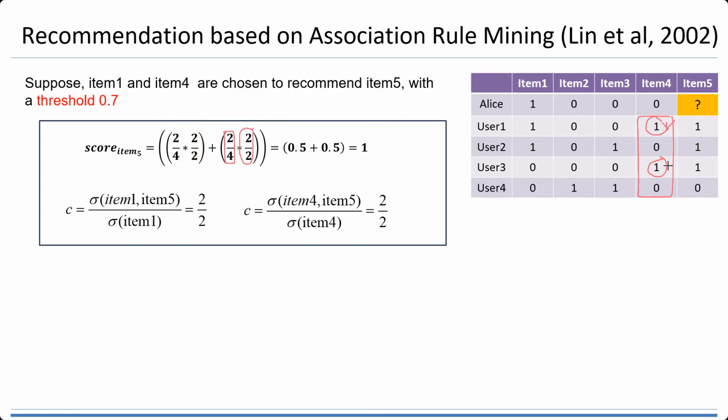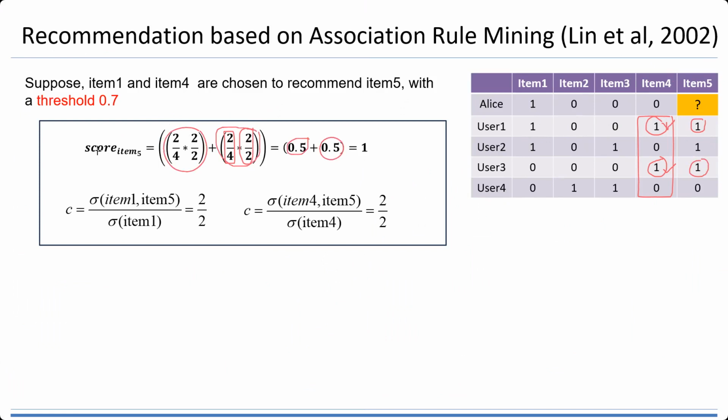Among the 2 users who like item 4, 2 of them also like item 5. So the confidence is 2 divided by 2. Then we can see this one, half multiplied by 1. So it is half, and half multiplied by 1. So half.